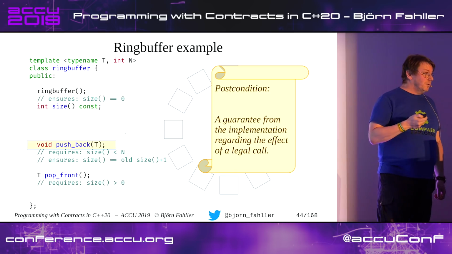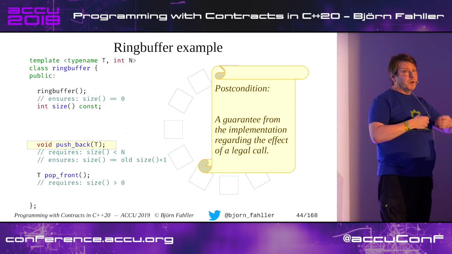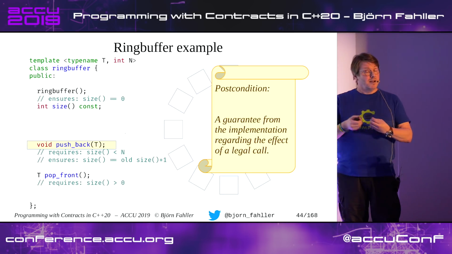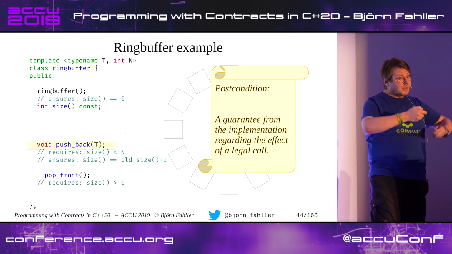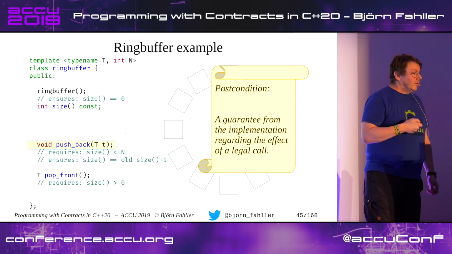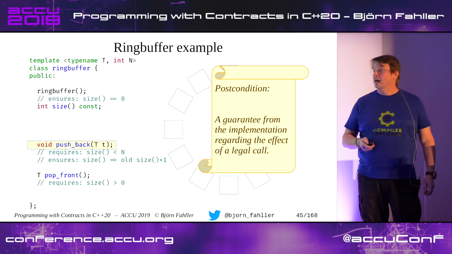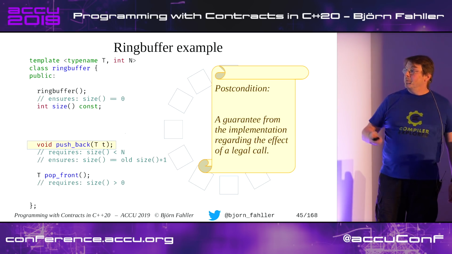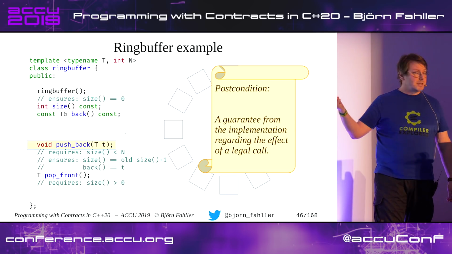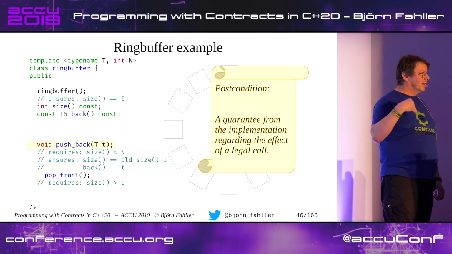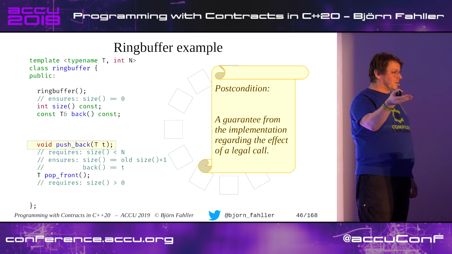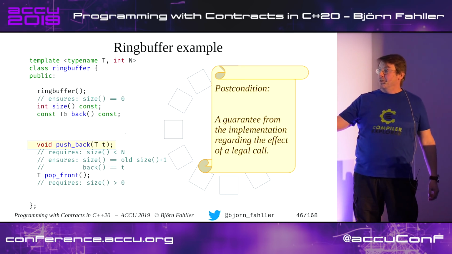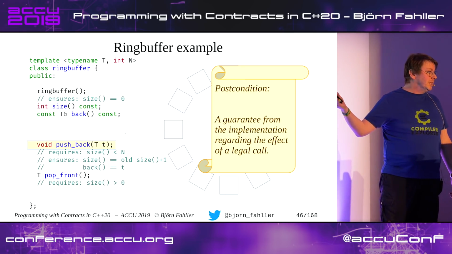We could also make use of our freedom, since we are now in the interface design phase here, so we can make changes. So, for example, we can say that we know what the value we push is. So we can maybe introduce a new query function that gives me the last element, the back. And we can have as a postcondition that back is now the value we pushed.